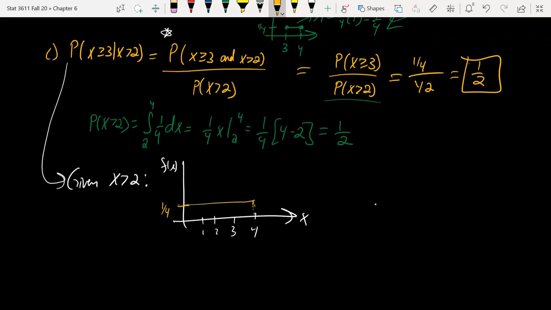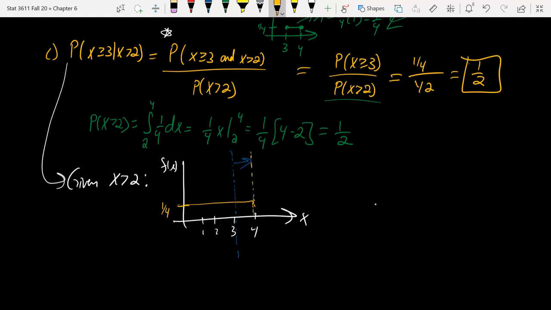And we wanted the probability that x is greater than or equal to 3. We did that earlier on. So here's where this intersects, and we want to be greater than that, so we want to go to the right there, right? So this would basically get cut off right here.